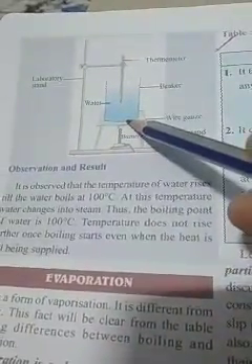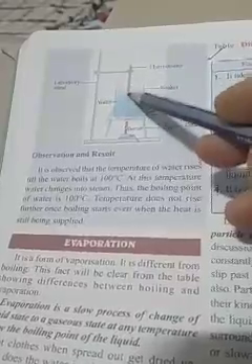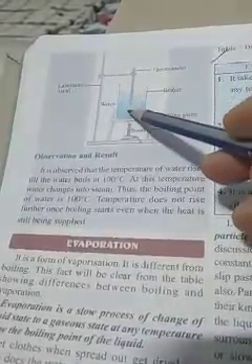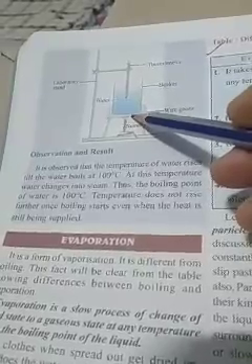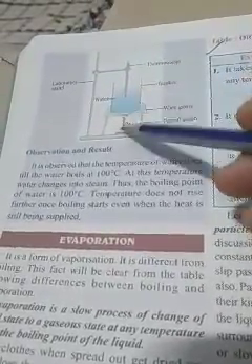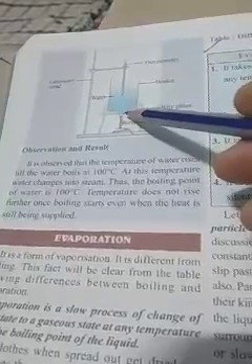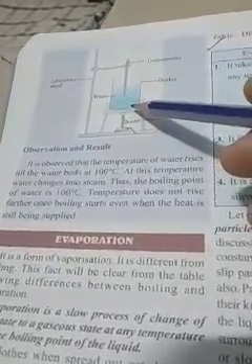We start heating the beaker and start noting the temperature. When the temperature reaches 100 degrees Celsius, the water starts boiling, and the temperature remains 100 degrees until the whole water changes into steam. And where does this additional heat go? This additional heat is known as the latent heat of vaporization. It does not change the temperature, but it only helps in change of state.